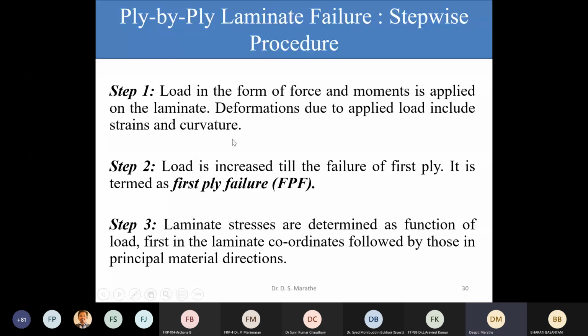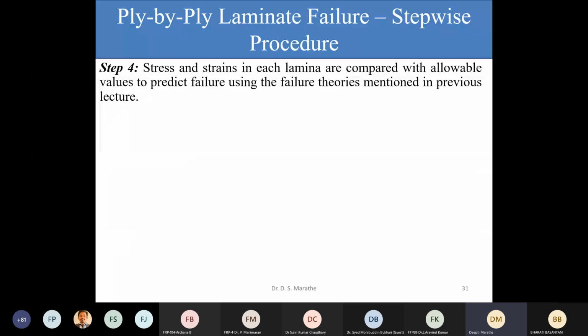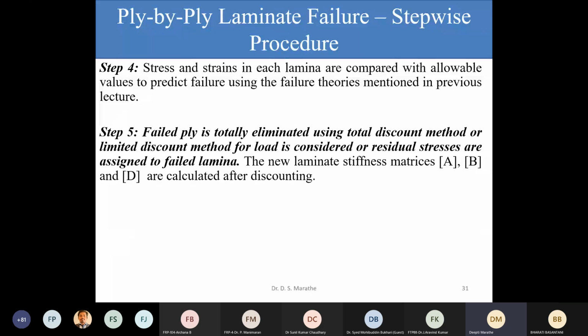Now, the stresses due to the failure of this ply, not in the whole laminate, are going to first be seen in the laminate coordinates, then in the principal material directions. This is nothing but the transformation that we have studied. Now, stress or strain in each lamina is going to be predicted using the failure theories. Now, the failed ply has to be totally eliminated using the discount method, which means it has to be totally eliminated from any load bearing, or residual stresses are assigned to the failed lamina.